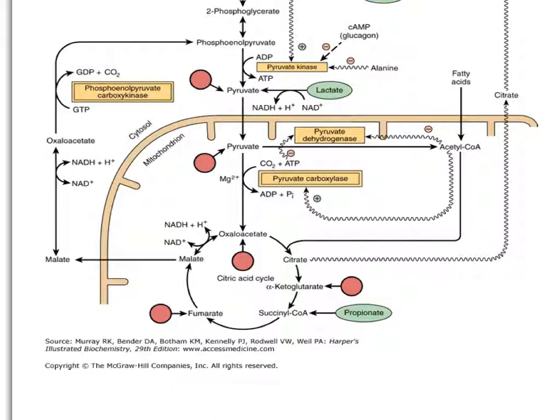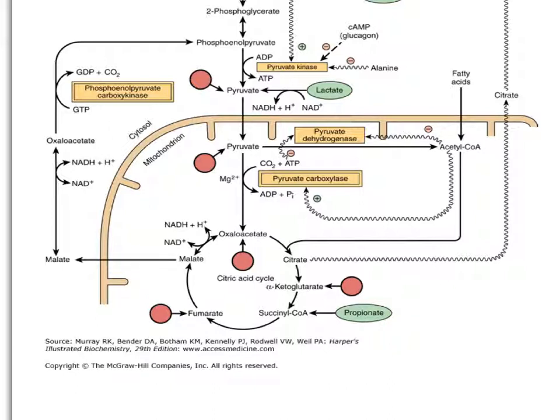Asparagine and aspartate can also. Alanine, cysteine, glycine, serine, threonine, and tryptophan can all be converted to pyruvate. Asparagine and aspartate can be converted into oxaloacetate. Aspartate, phenylalanine, and tyrosine can be converted into fumarate, which can be converted into malate and then into oxaloacetate.